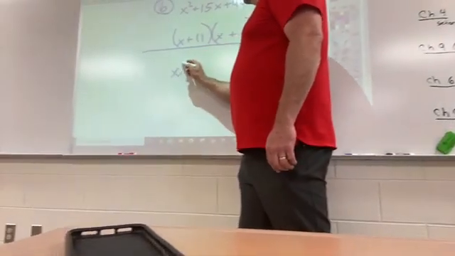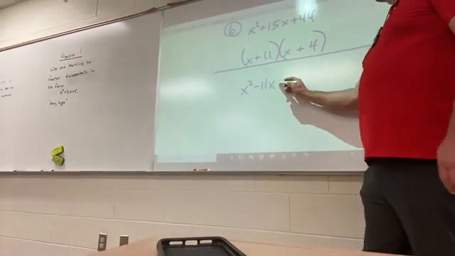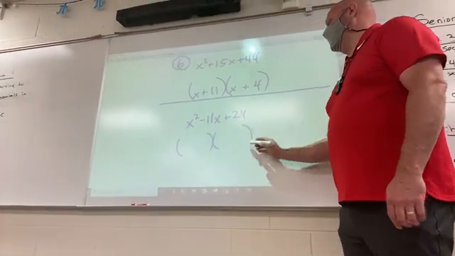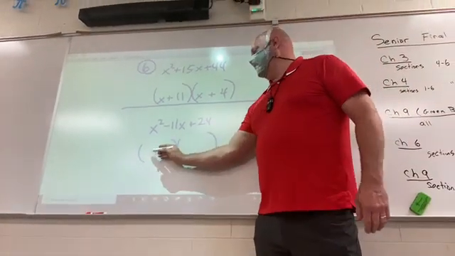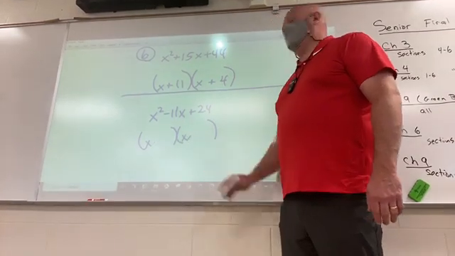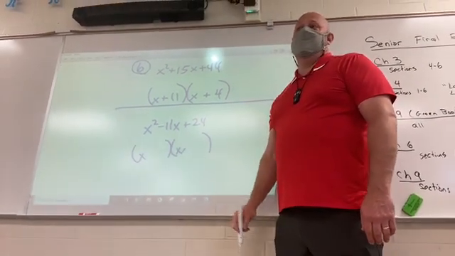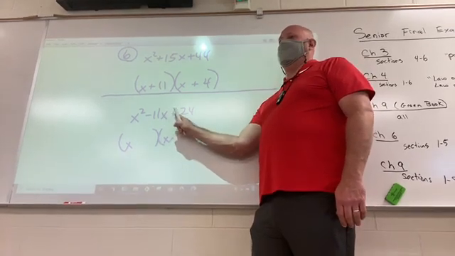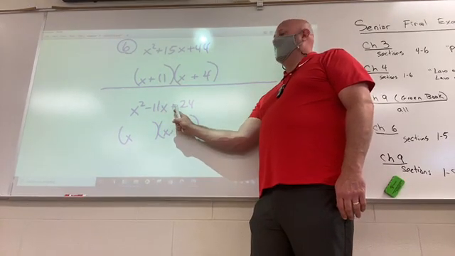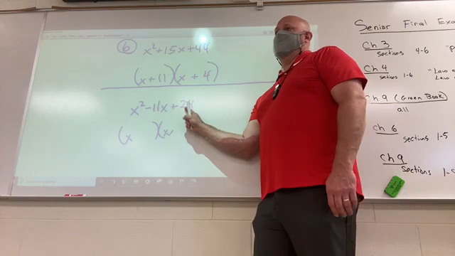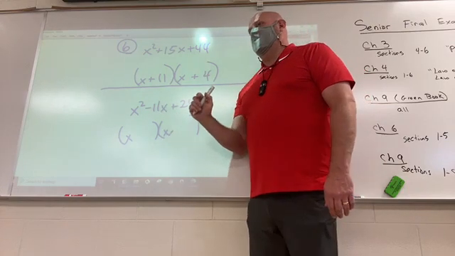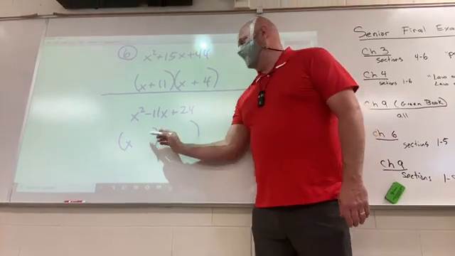Let's try number 9. X squared minus 11x plus 24. What am I looking for? Two numbers that multiply to 24 and what? No, they're still going to add up to 11. This sign tells me they're going to add or subtract to that middle number. So I'm still looking for two numbers that multiply to 24 and add up to 11, which are 8 and 3.